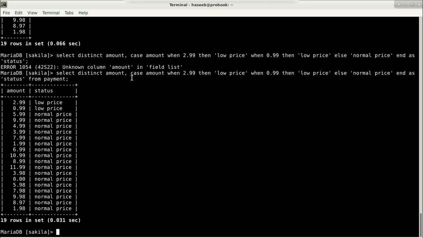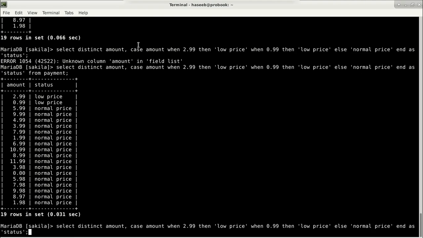So because of this case statement, the amounts are being displayed here from the amount column, and their status is displayed here on the basis of this criteria. This is a very useful function in which you can do such things inside the database by using the case statement in your query.